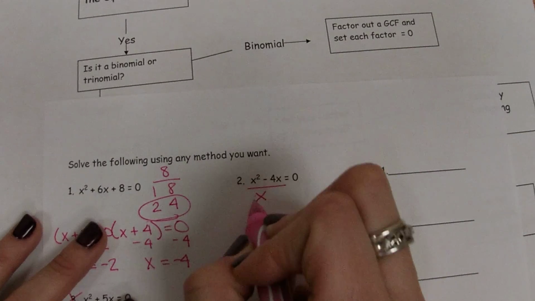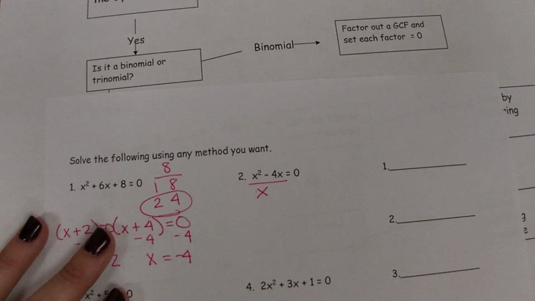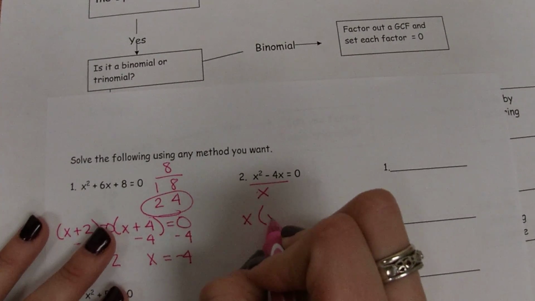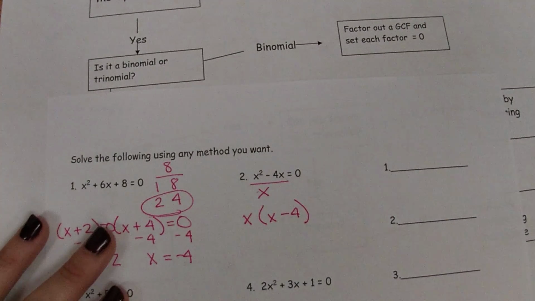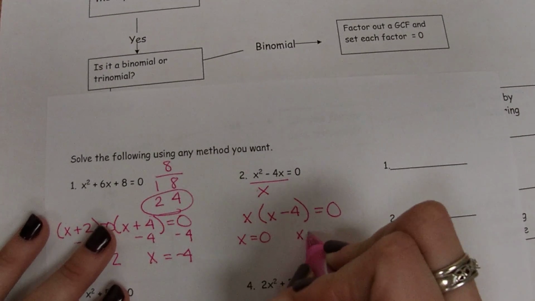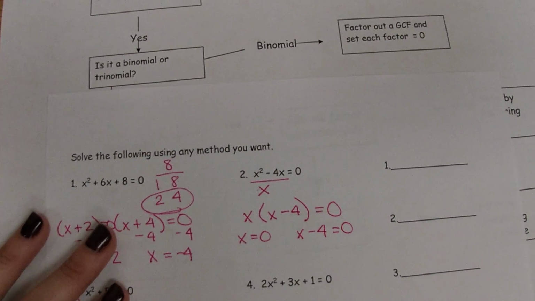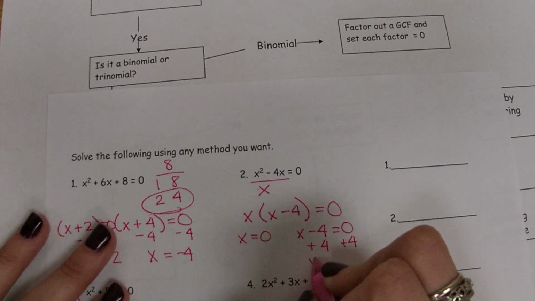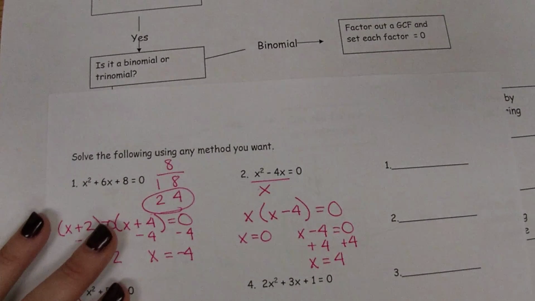So this has a GCF of x. Okay, so that leaves us with x minus 4. We can then set each of these equal to 0. This one's already solved, so we'll add 4 here and get x equals 4.